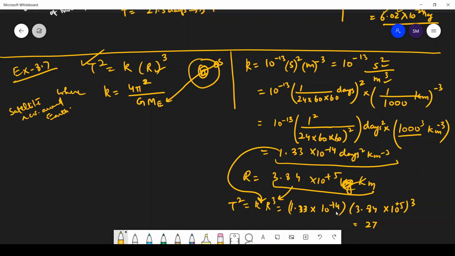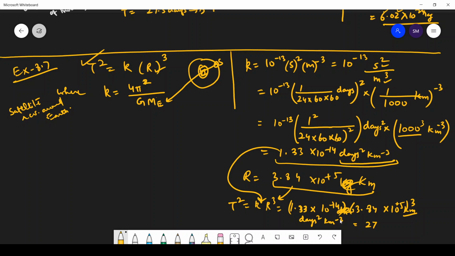So students, what are the units here? Days square into kilometer cube. See, what were the units of K? This K, days square into kilometer minus 3. So from here I get kilometer plus 3. So kilometer plus 3 and kilometer minus 3 cancel out.